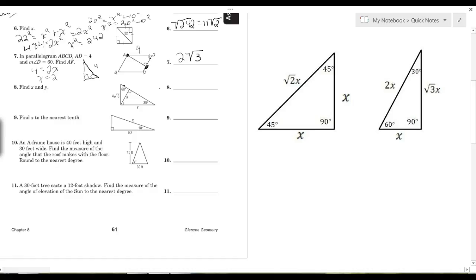For number 8, I'm given everything I need to know right on my diagram, and I see that again I've got 30, 60, 90 triangles. And they're also similar triangles, and they have some shared sides. So the only triangle that I have at least some kind of marking for 2 sides is this little triangle right here. So I'm going to redraw that little triangle so that I can see it a little better.